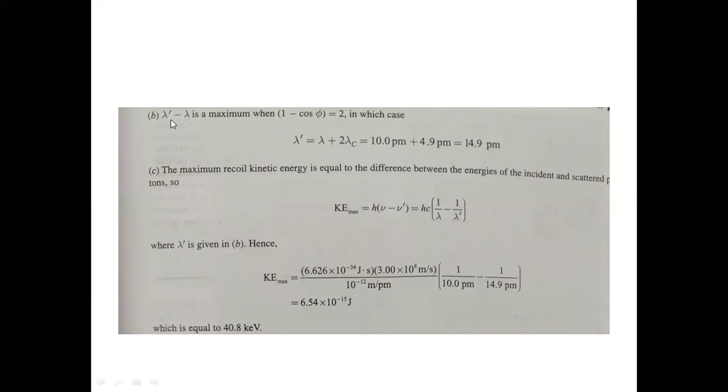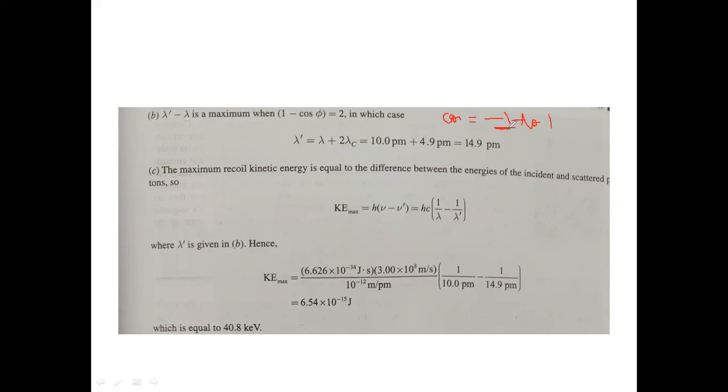Here, lambda dash minus lambda is a maximum when 1 minus cos phi equals 2. You might be confused about why 1 minus cos phi equals 2. The minimum value of cos is minus 1, since cos ranges from minus 1 to 1.